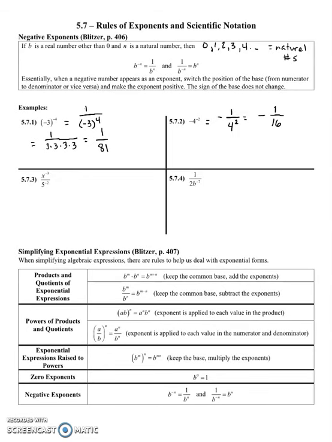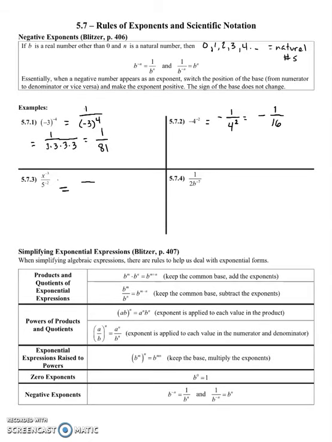Okay, on 5.7.3, this is where we can see what we do if we have a fraction. On this one, the x is to the negative 3rd power and it's in the numerator, and the 5 is to the negative 2 power and that's in the denominator. So we're going to flip them.